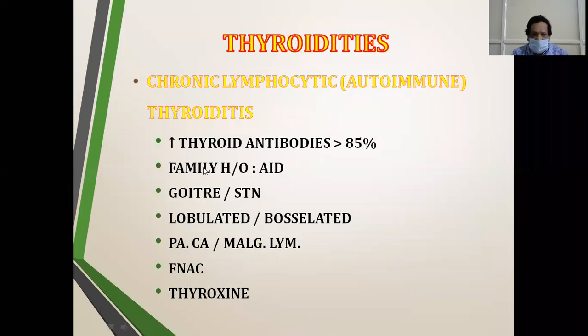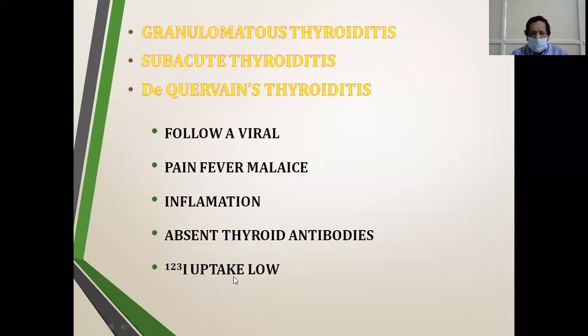See the contrast here: in Hashimoto's, thyroid autoantibodies are increased in more than 85% of cases, against thyroid peroxidase or thyroglobulin. Here, no thyroid antibodies.